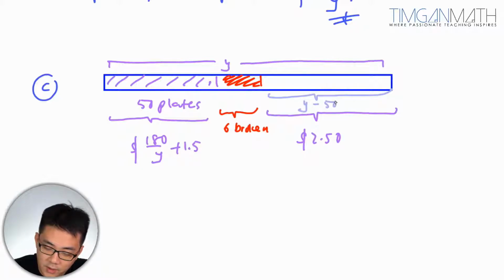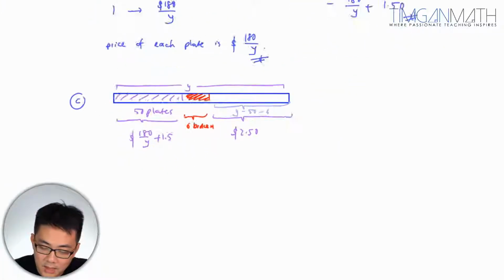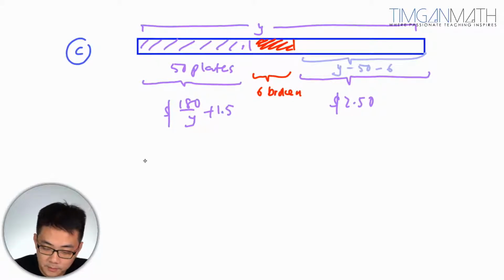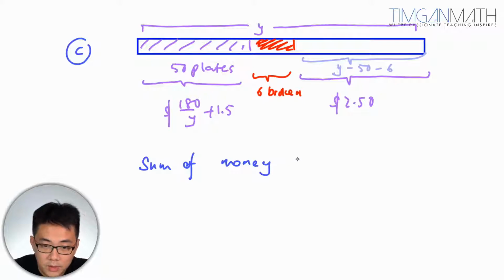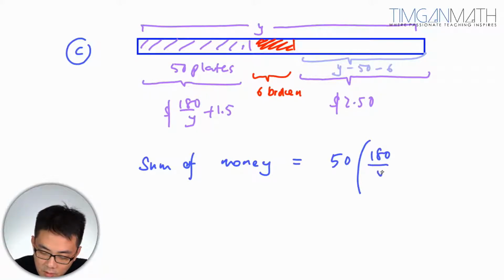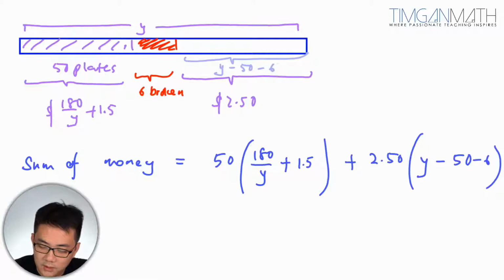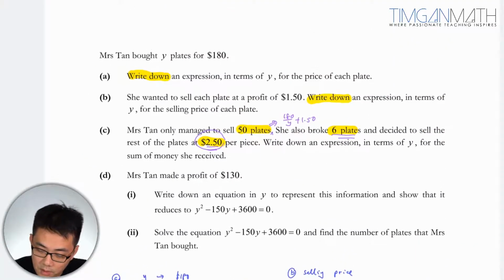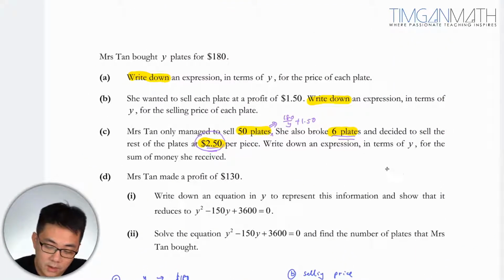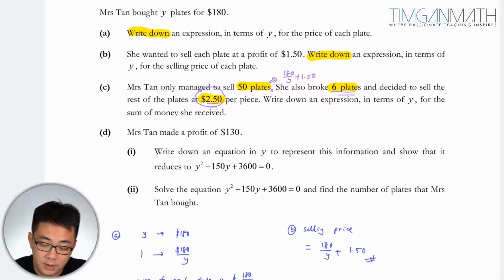So the sum of money that she'll receive would be 50 plates times 180 over Y plus 150, plus 250 times Y minus 50 minus 6. This is the expression in terms of Y for the sum of money she received.